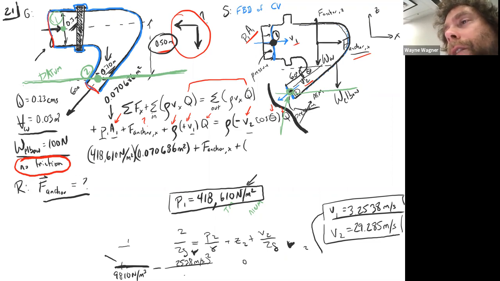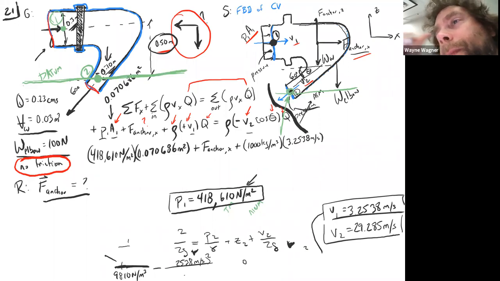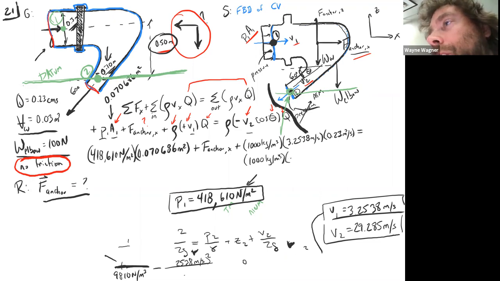The rho of water is 1,000 kilograms per cubic meter, times V1 squared, where V1 is down here, 3.2538 meters per second, times Q, which is 0.23 meters cubed per second, or CMS, equals rho, 1,000 kilograms per cubic meter, times negative V2, 29.285 meters per second.